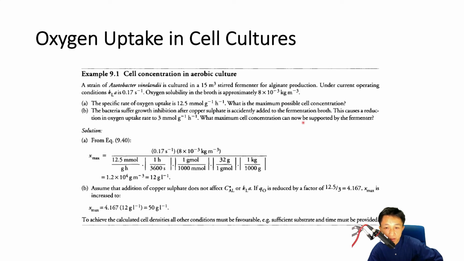Okay, if the bacteria suffer after you use this kind of compound, and then die, for example, it is reduced from this one to this one, and the maximum concentration is different. This is the cell concentration, the mass transfer coefficient, and then this equation.